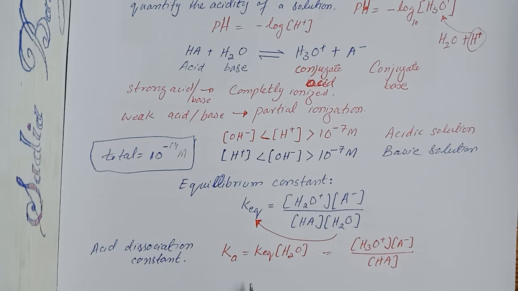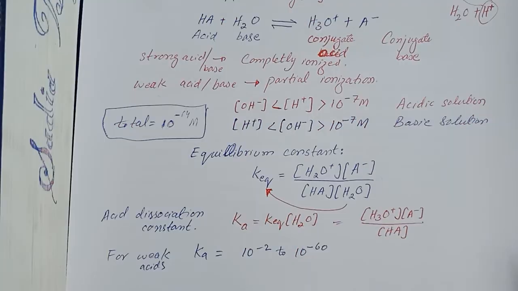Strong acids completely dissociate in water and have large dissociation constants. Most organic compounds are weak acids and have dissociation constants in the range of 10 to the power minus 2 to 10 to the power minus 60. So usually we get a large range of Ka values for dissociation constants.